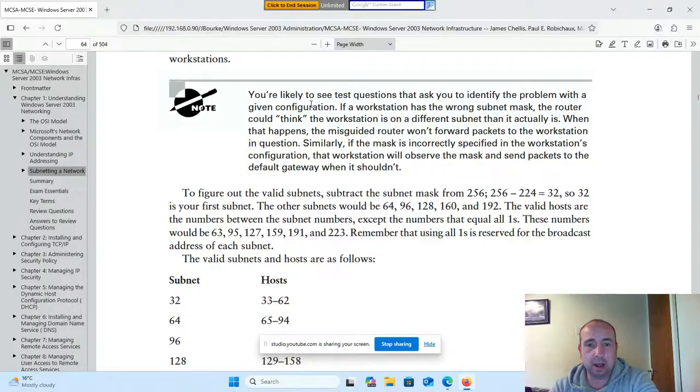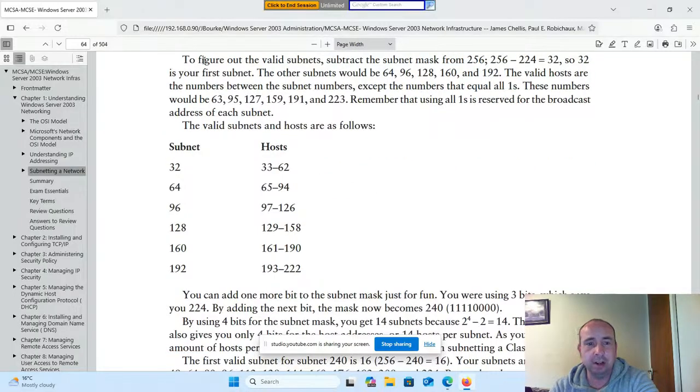To figure out the valid subnets, subtract the subnet mask: 256 minus 224 equals 32. So 32 is your first subnet. The other subnets will be 64, 96, 128, 160, and 192.